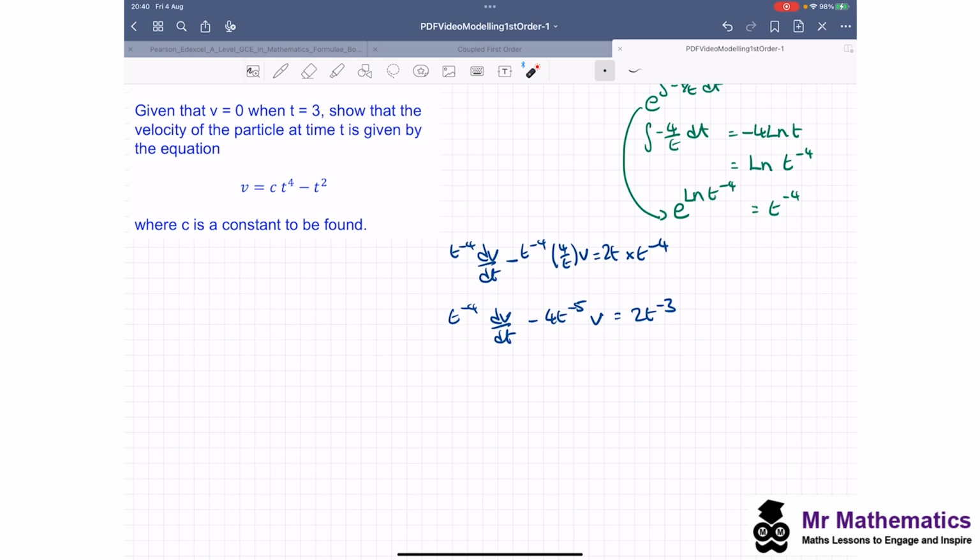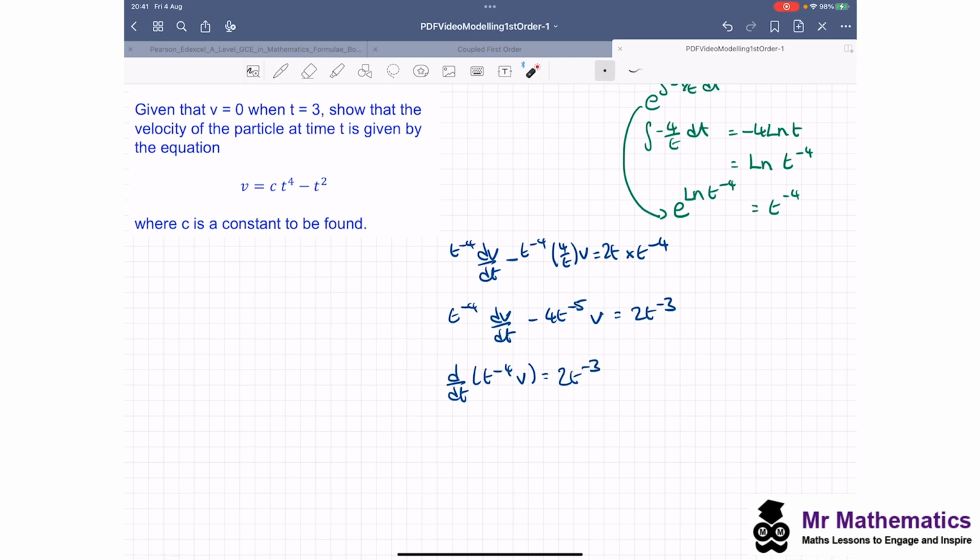Now if you see, the derivative of this term is this term, and the derivative of v is dv by dt. So now we can use the reverse product rule. So d by dt of t to the minus 4 v is equal to 2t to the minus 3.